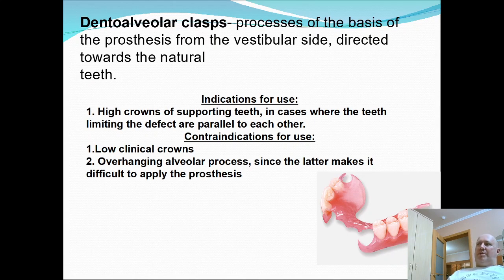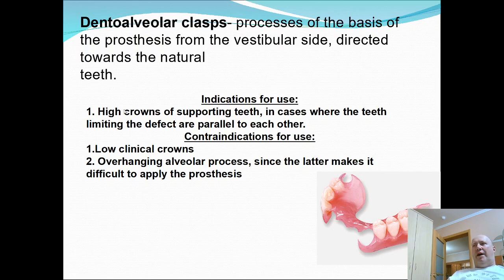Dental alveolar clasps or clamors, yes. This is the prosthesis base, the same color, absolutely, from the vestibular side and directed towards the natural teeth.